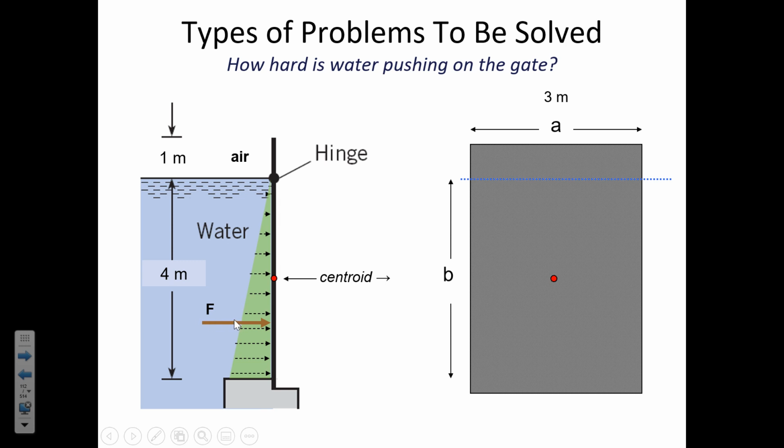The force is located 2/3 of the way down in this triangular distribution, because the center of area of a triangle is 1/3 of the way up from the bottom base or 2/3 of the way down from the top. Now that only applies in this specific case where the pressure starts at 0 at the top edge of the gate.